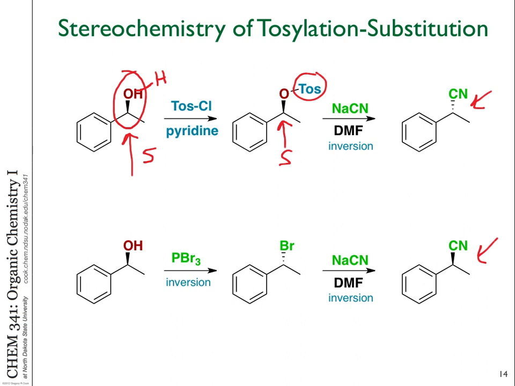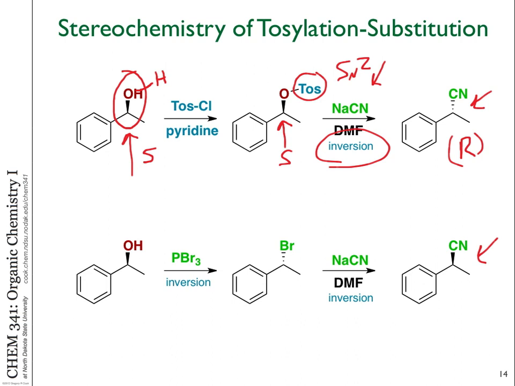Then we can do a nucleophilic substitution with something like cyanide as a nucleophile. This is an SN2 reaction, which goes with inversion of the stereochemistry. So we end up with, and actually that group has the same priority, so this is the R configuration.